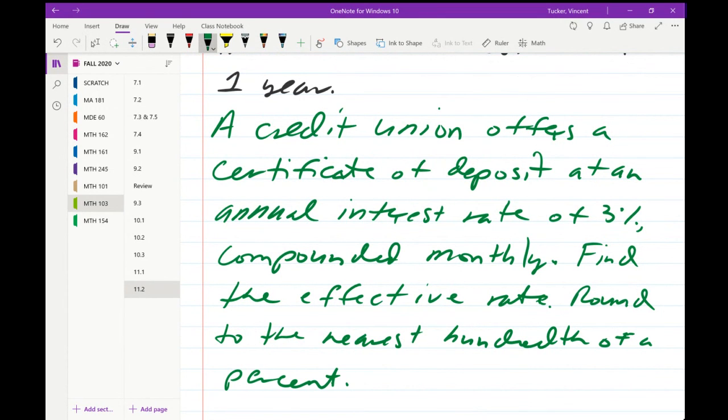All right, so last problem. Say a credit union offers a certificate of deposit at an annual interest rate of 3%, compounded monthly. Find the effective rate. Round to the nearest hundredth of a percent.